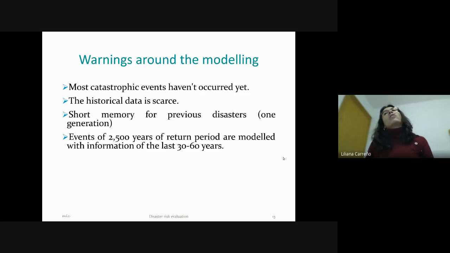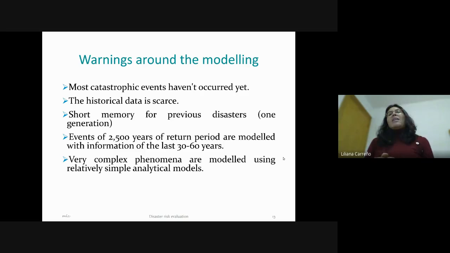And we are modeling events with 2,500 years of return period by using measured information of the last 30 to 60 years. And very complex phenomena are modeled using relatively simple analytical models.